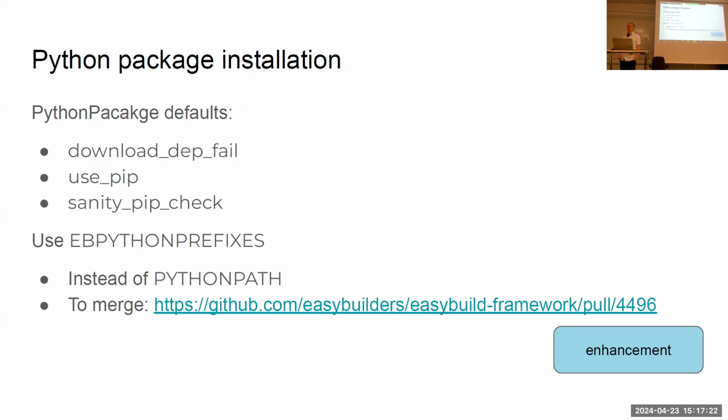Using virtual environments and hash bangs that point to a Python within the virtual environment that you've created, that Python will find its dependencies relative to its own location rather than use Python path. So we've stopped using Python path completely and instead now install into Python virtual environments. And so we can have different tools with different major minor Python versions, and there's no clashes between them.